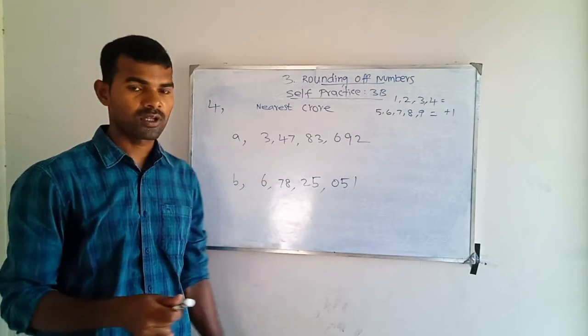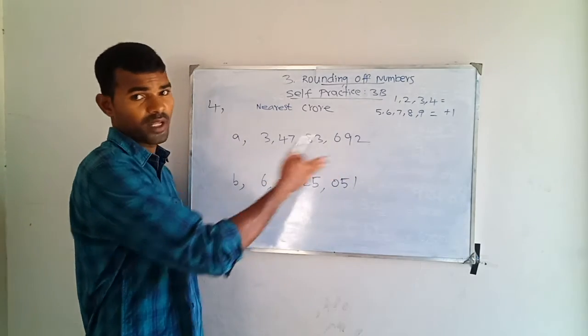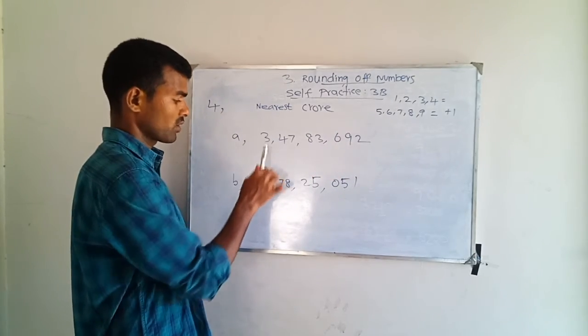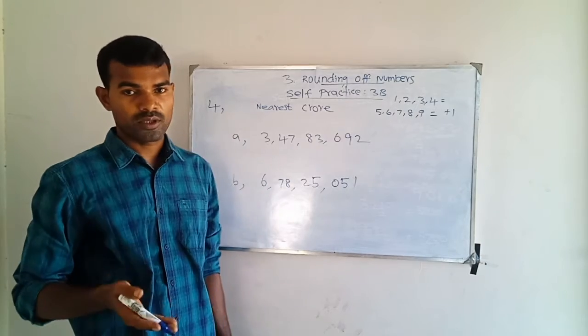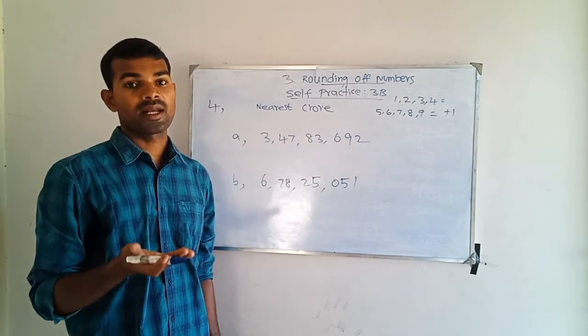We know the crores place is the 8th place. This is the crores place. To round the number to the nearest crore, we have to look at the 10 lakhs place.